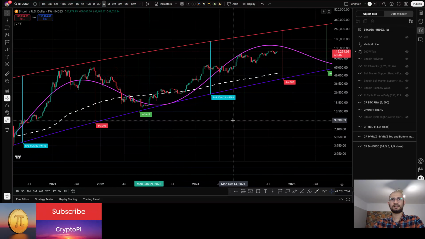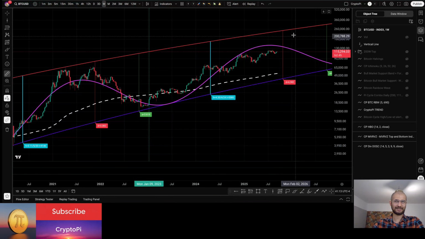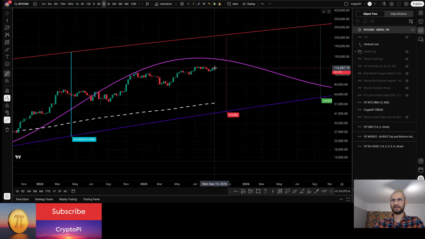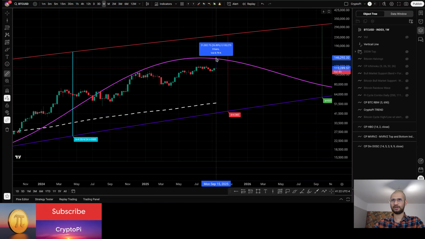All right, so far we have not seen that. And how much is needed for Bitcoin to go up to at least say that we stay consistent with our previous observation? Right now, we are approximately 25% away from crossing the purple line.